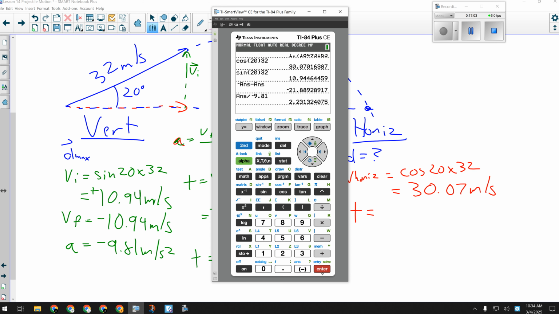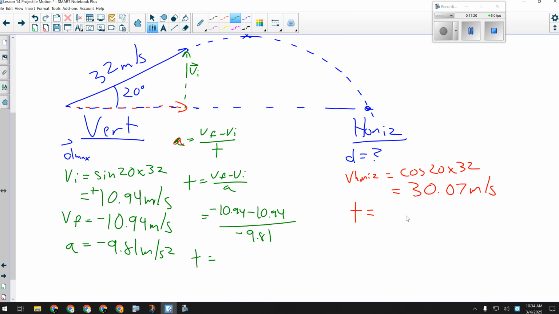Okay, car is in the air for 2.23 seconds. That is a long time, but it was a pretty long yee-haw as well, as they went through the air, because that's what they always said in that show, every time they jumped the car. Okay. All right, so we've got 2.23 seconds. We'll keep all the decimals.